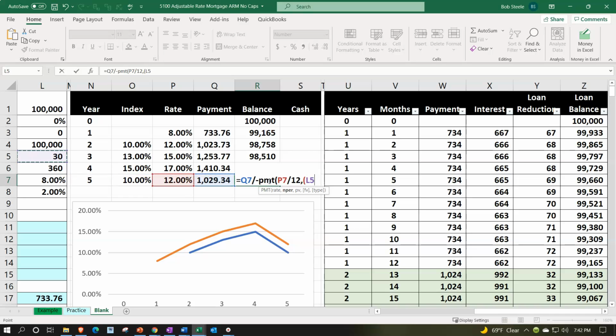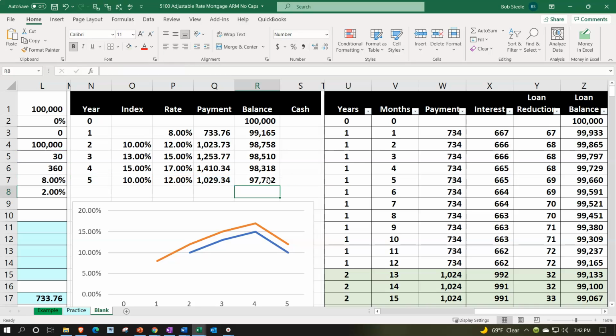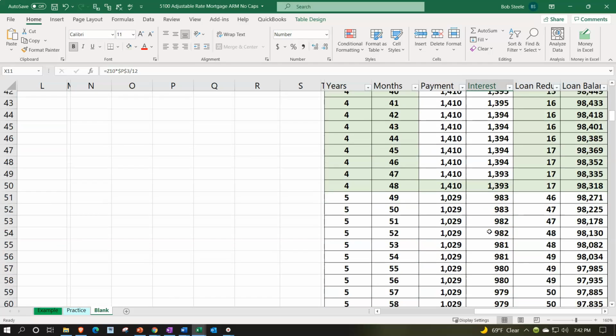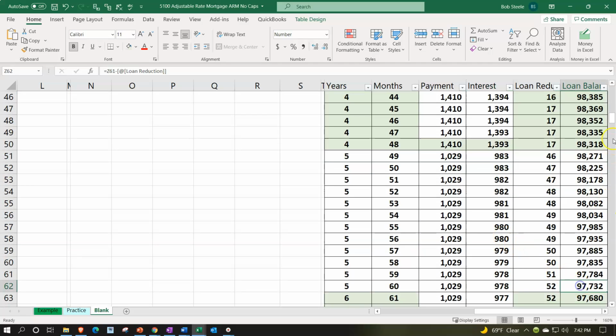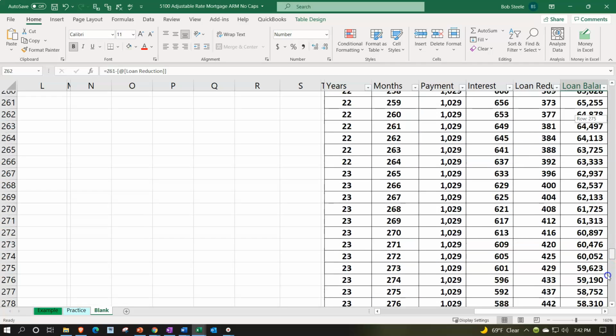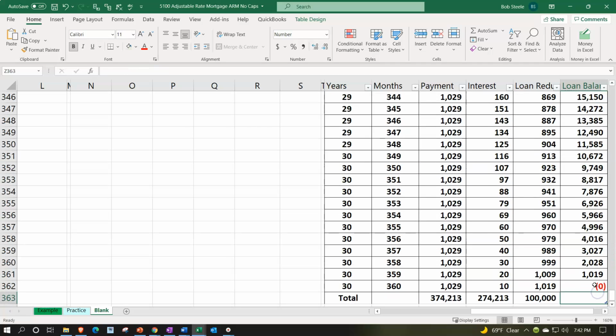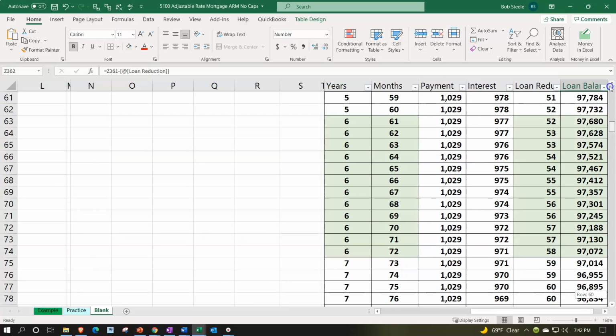I would press F4 on the keyboard in case I wanted to copy it down because that's outside of my table, comma, minus the 5, brackets, times 12, then comma, present value 1, closing up the brackets, shift 0. There's our 97,732. 97,732 is here. Our amortization table is now at 0 at the end, as it should be. That's our double check that it looks like it's calculating properly.